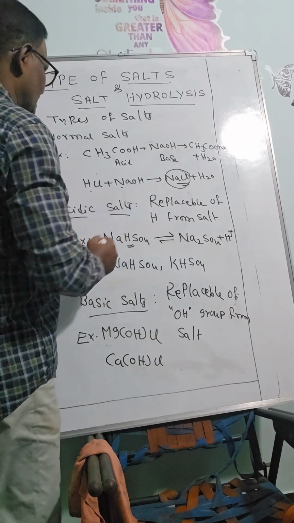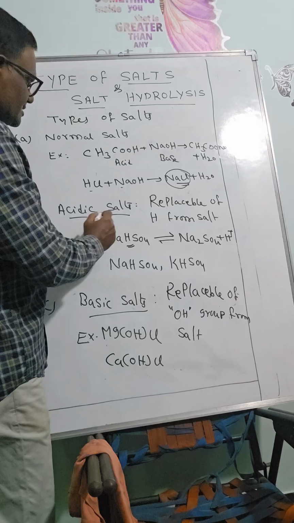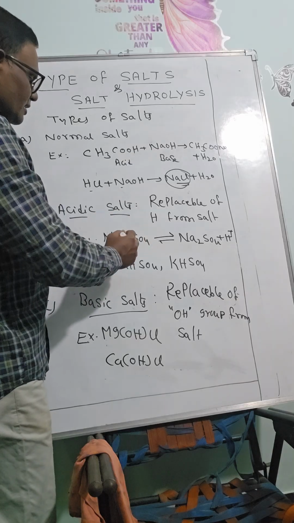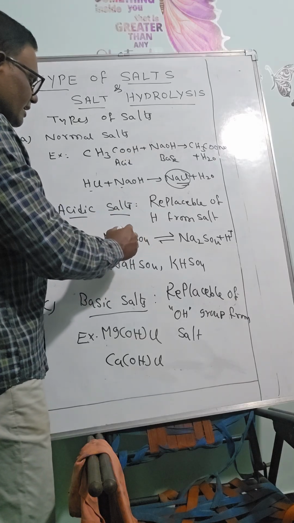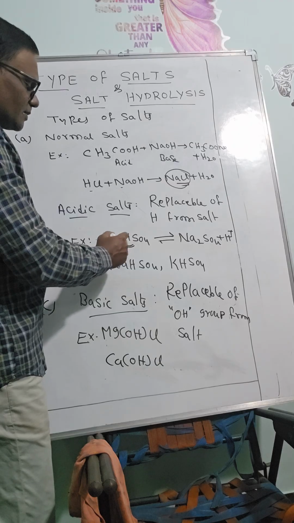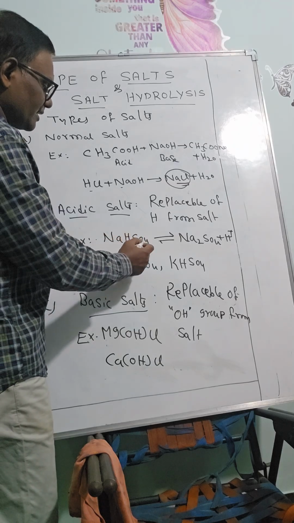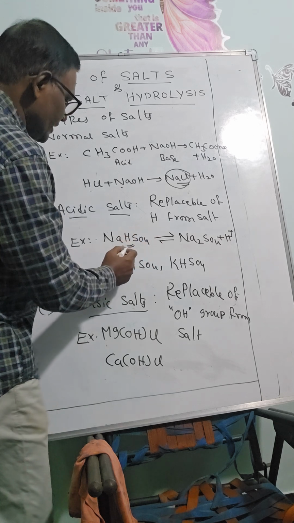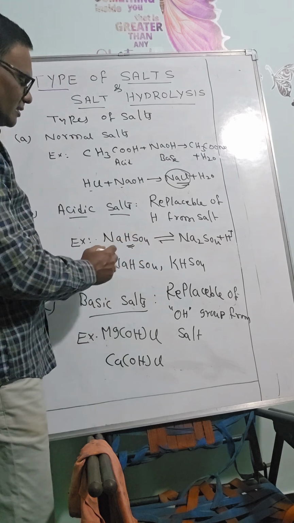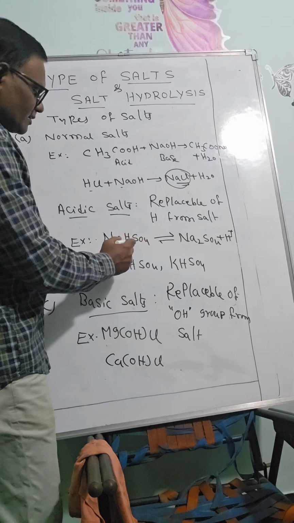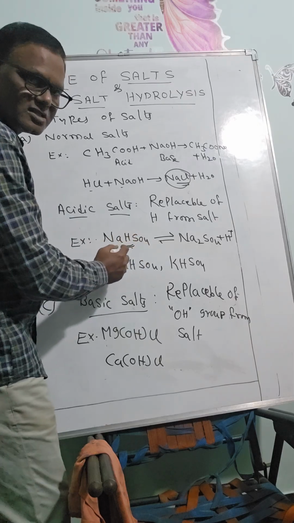That is normal salt. Next goes to acidic salt. Here the reaction takes place partially. Acid plus base, NaOH and H2SO4, but not completely. That's why your product is NaHSO4, sodium hydrogen sulfate or sodium bisulfate. What is this name?